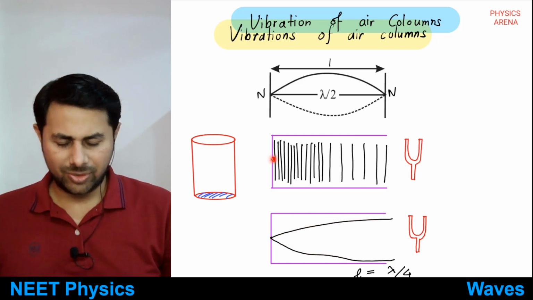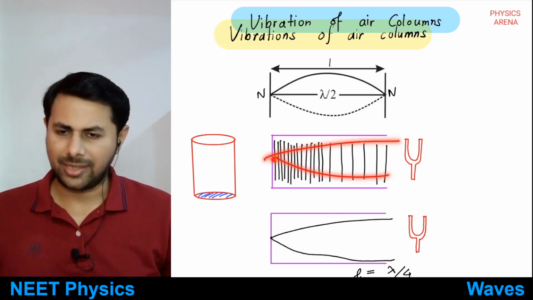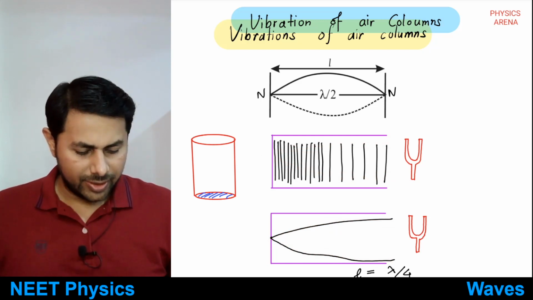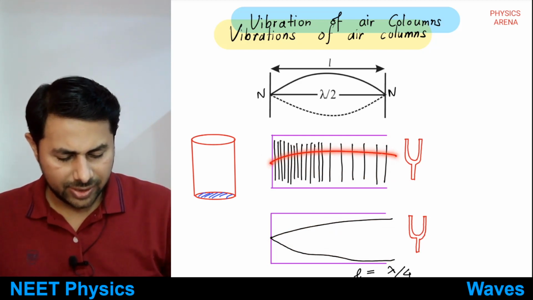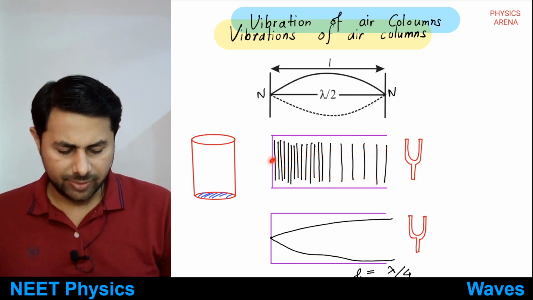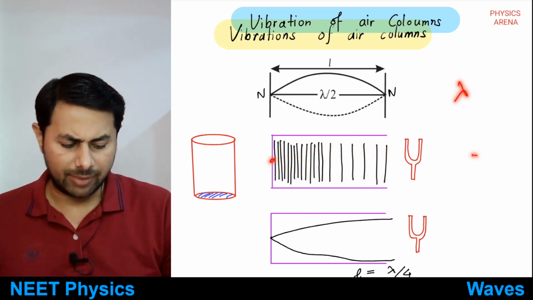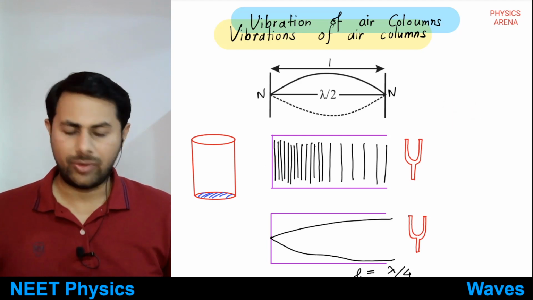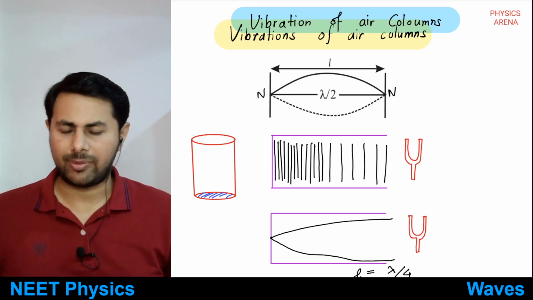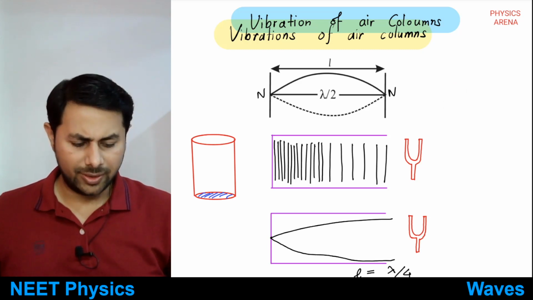The distance between two nodes, we have studied, is lambda by 2. The distance between a node and an antinode is lambda by 4.